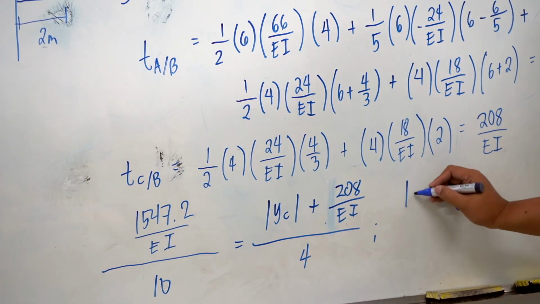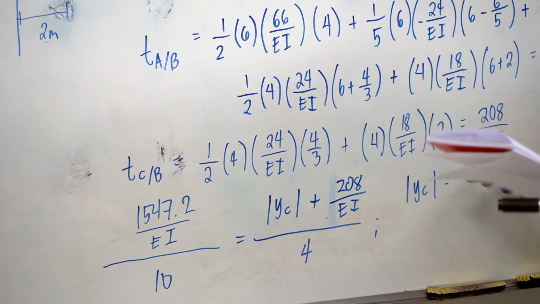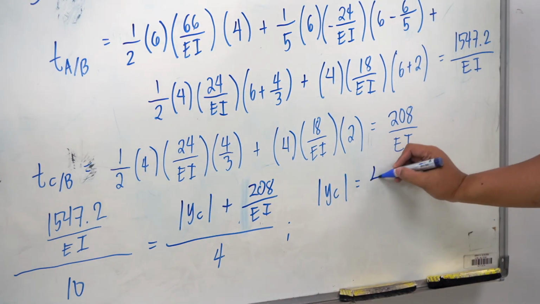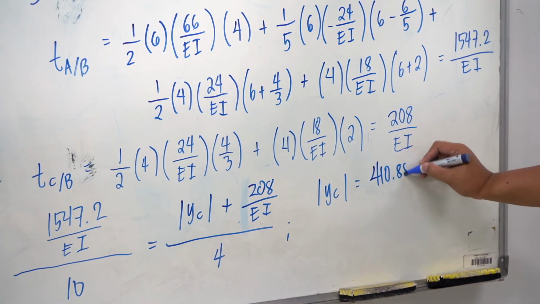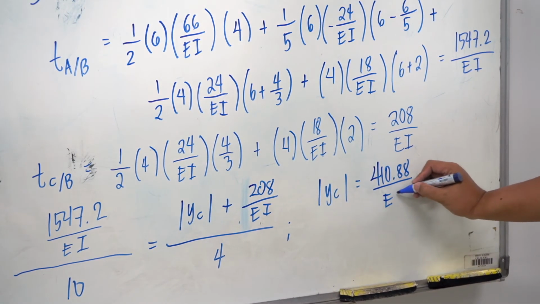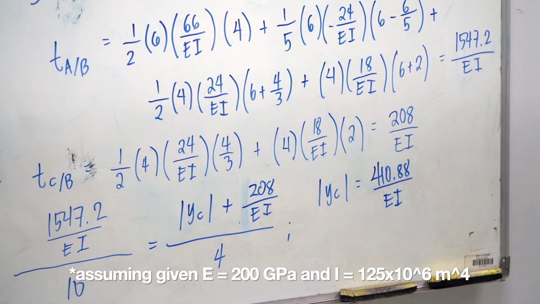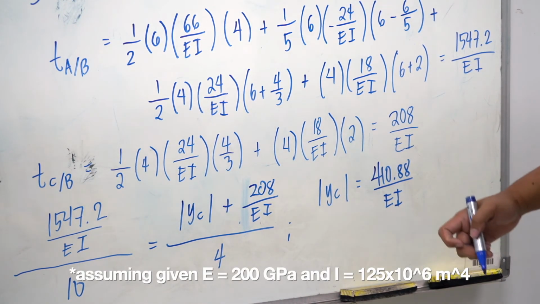So we can get the magnitude of the deflection equal to 410.88 over EI. Okay, now since EI is also given in our problem, we can substitute.